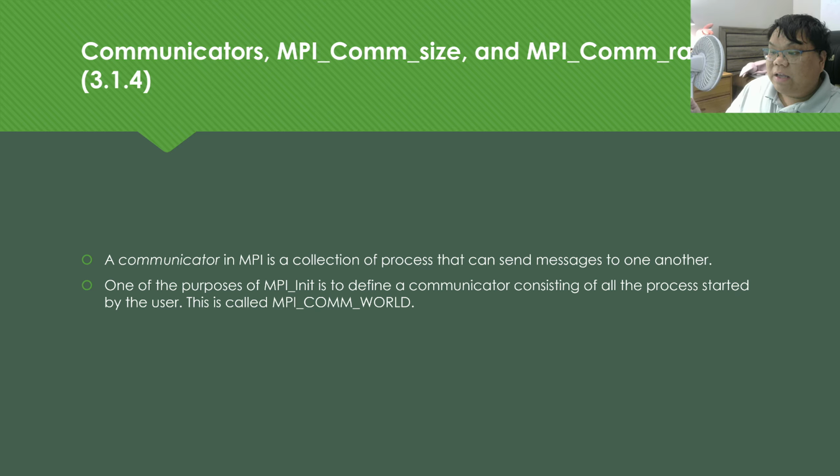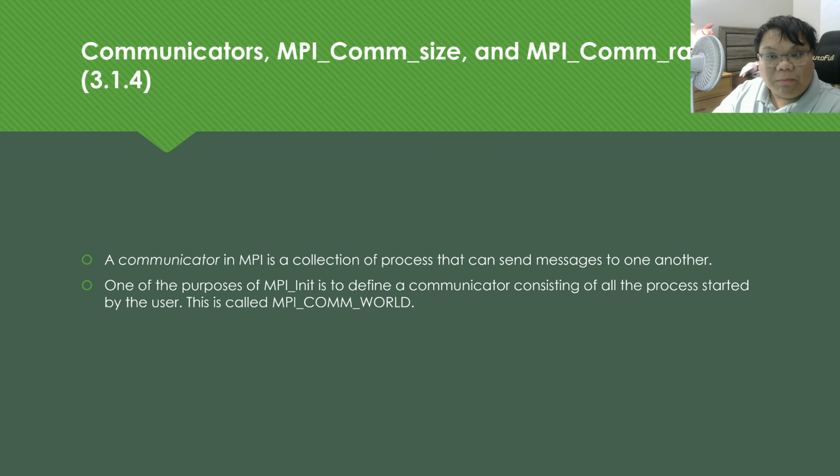One of the purposes of MPI_Init is to define a communicator consisting of all the processes started by the user. So when we call that mpiexec command, and we say run this with 10 processes, we are creating a communicator that consists of 10 processes. So all 10 processes are going to be able to communicate with one another.